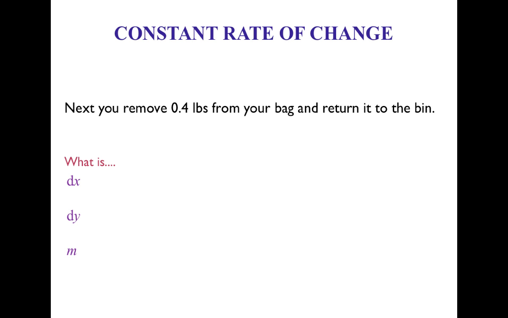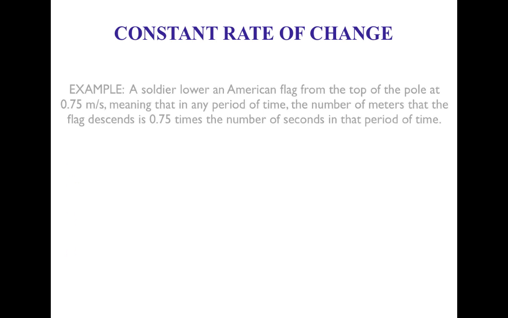Change in the total cost of the gift. Change in cost, okay. And that would be calculated by 2.75 times negative 0.4. Now, is m negative here? No, the changes are negative, but the m is always positive. All right. So we're not going to do that one.